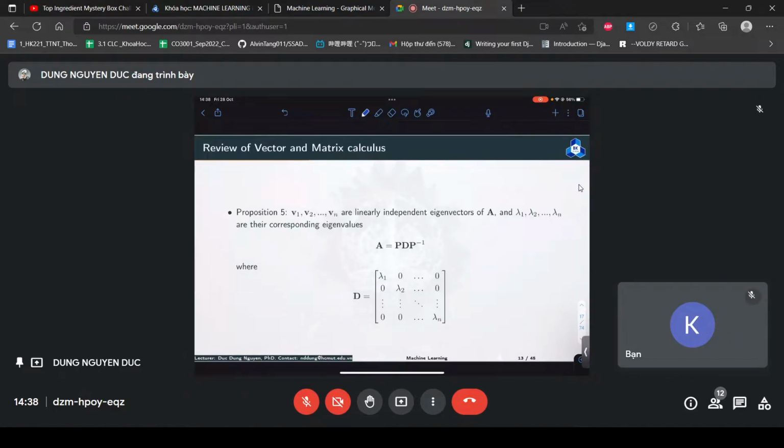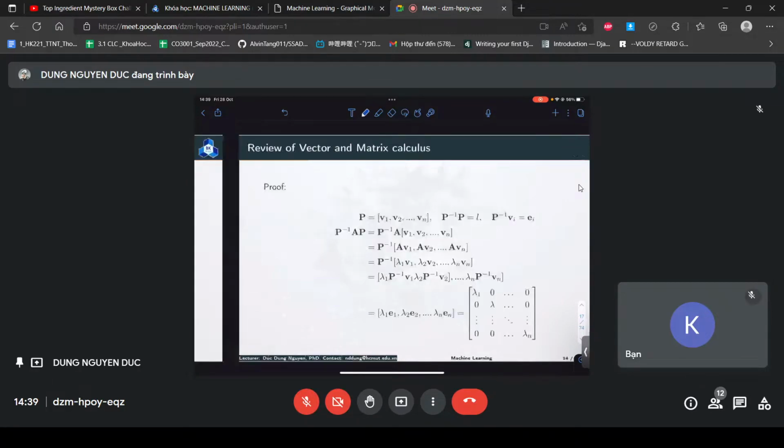It says if you have a matrix A, and from matrix A you can find eigenvectors that are linearly independent and corresponding eigenvalues, you can decompose the matrix A into PDP minus 1, where D is a diagonal matrix and each value in the diagonal is an eigenvalue, and P is the matrix where each column is an eigenvector.